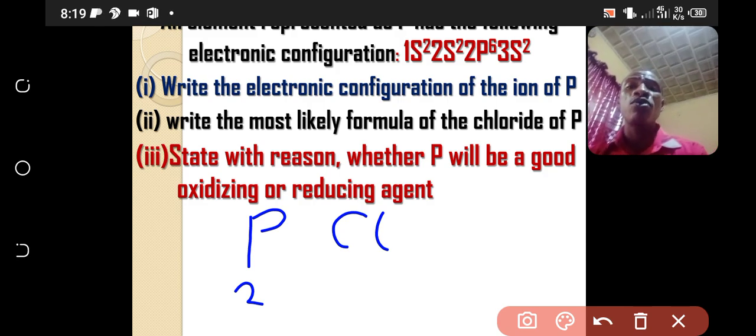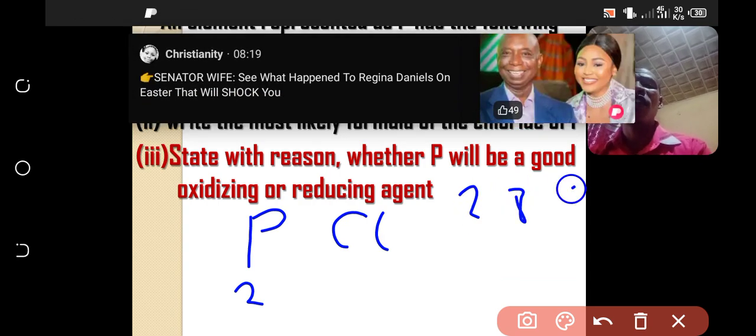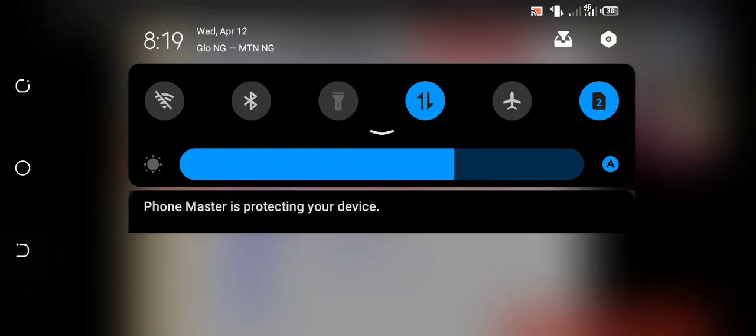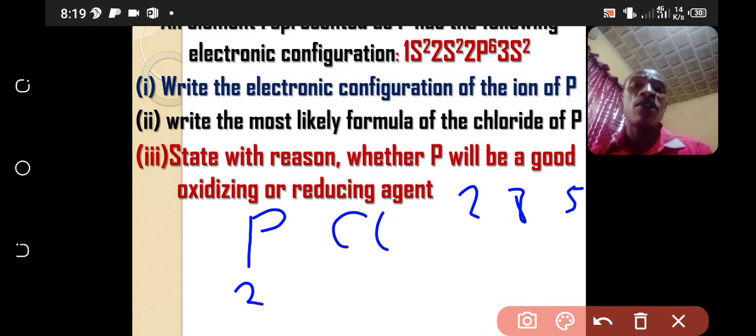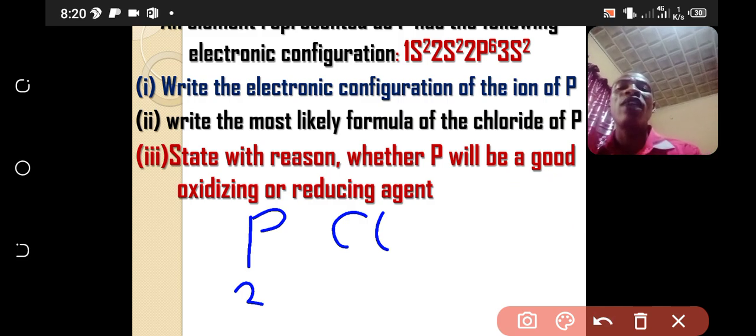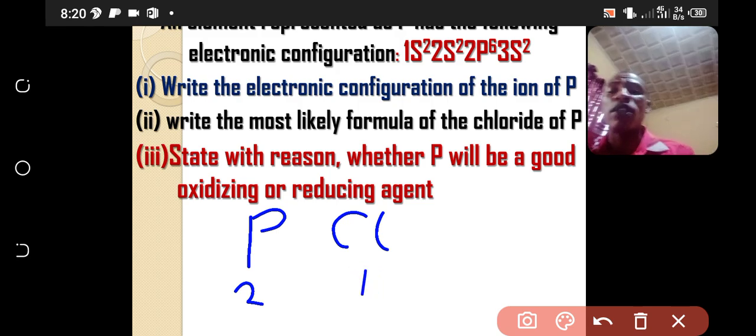For example, 2, 8, 5: the valency will be 8 minus 5, that's 3 or 5. 2, 8, 6: the valency will be 8 minus 6, or 6. 2, 8, 7: the valency will be 8 minus 7, so that's 1. So chlorine is 2, 8, 7, and its valency is 1.